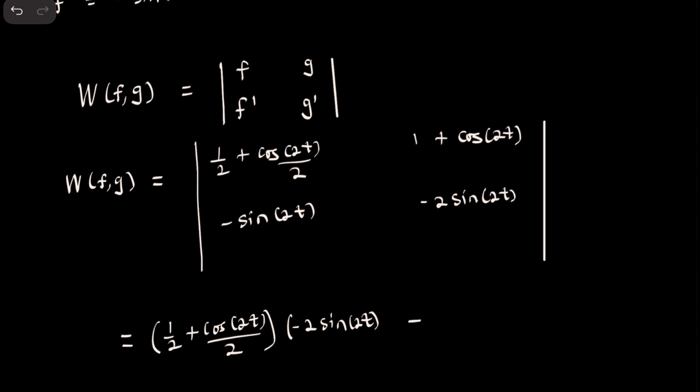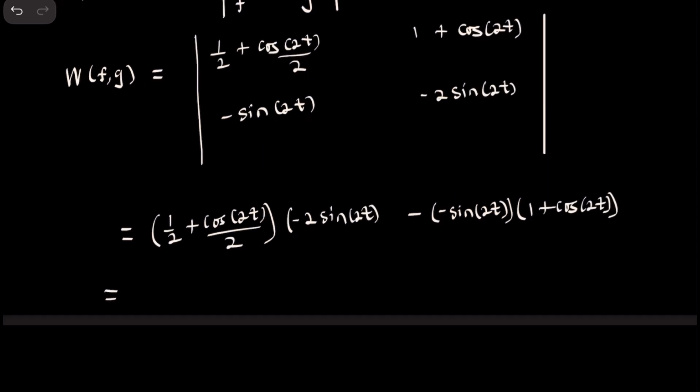And so you're going to have minus sine of 2t multiplying 1 plus cosine of 2t. Simplifying this, we are going to have minus sine 2t, then minus cosine of 2t multiplying sine of 2t.